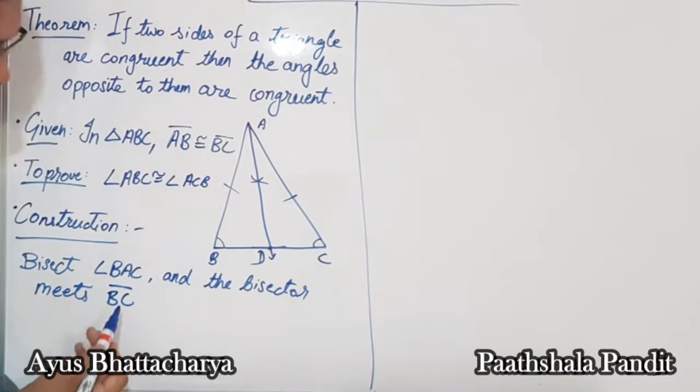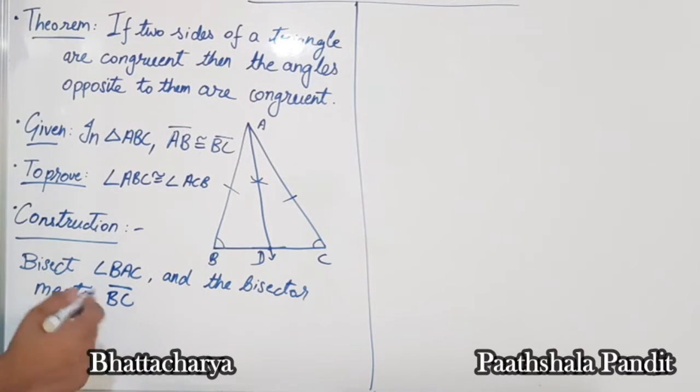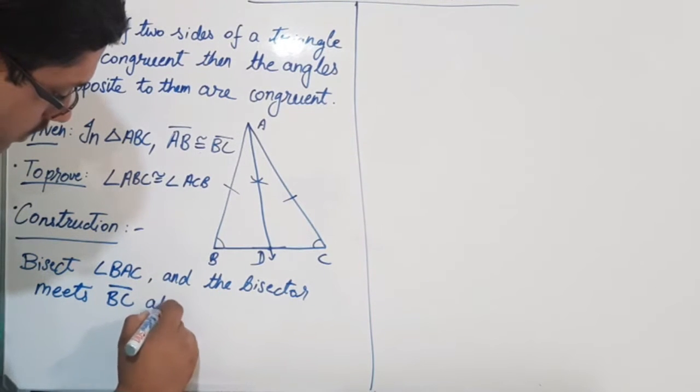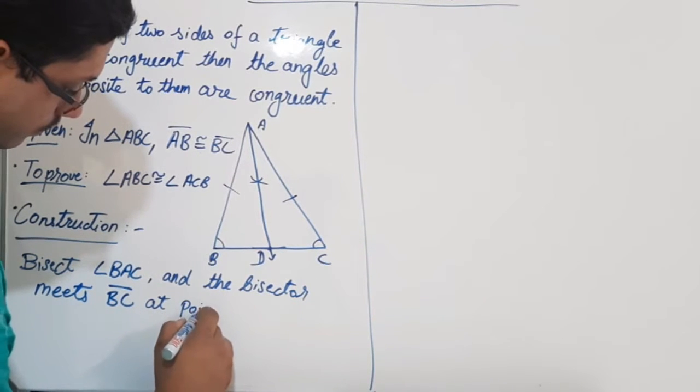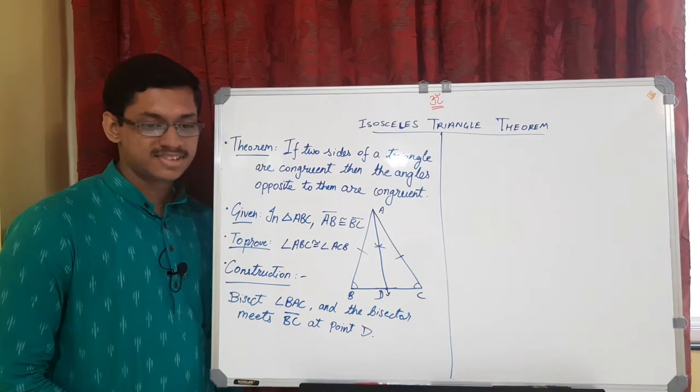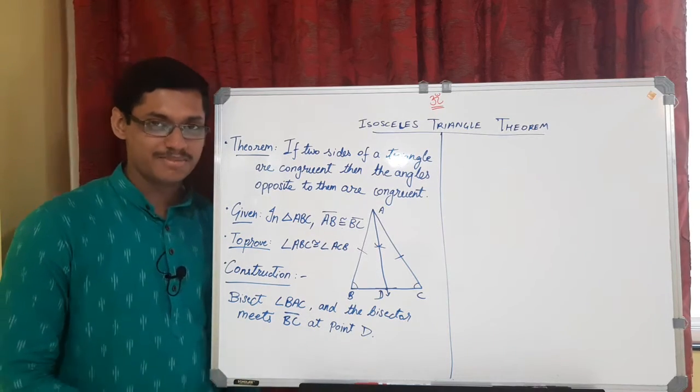You can write side BC like this also. This is actually line segment BC, which is fine. BC at point D. Done, sir.